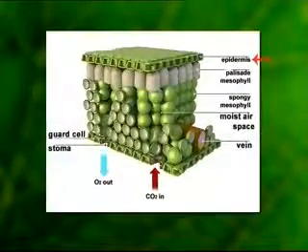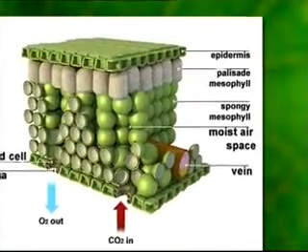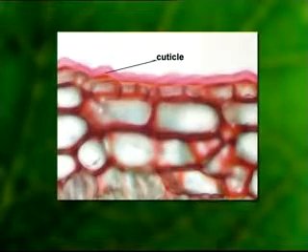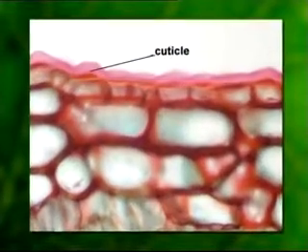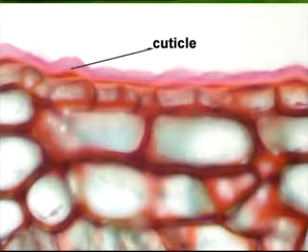The epidermis is usually transparent, that is, epidermal cells lack chloroplasts and are coated on the outer side, meaning the side facing the atmospheric vagaries, with a waxy cuticle that prevents water loss.